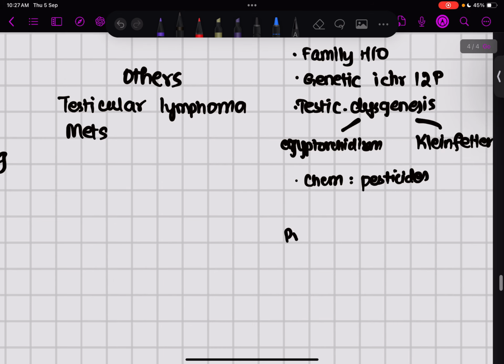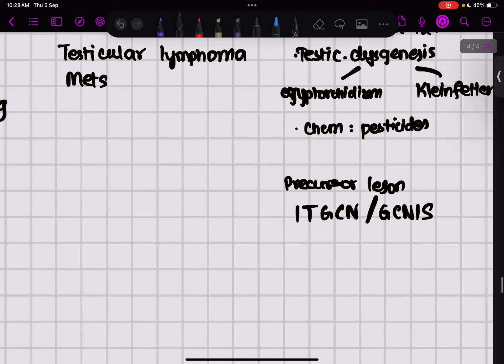Then comes precursor lesion. Precursor lesion involves intratubular germ cell neoplasia or germ cell neoplasia in situ.